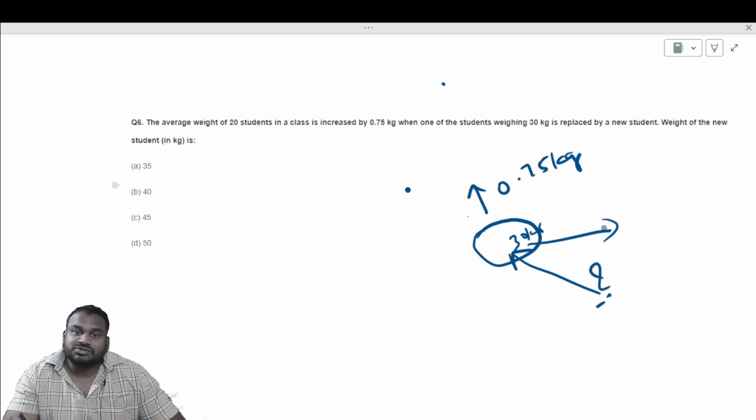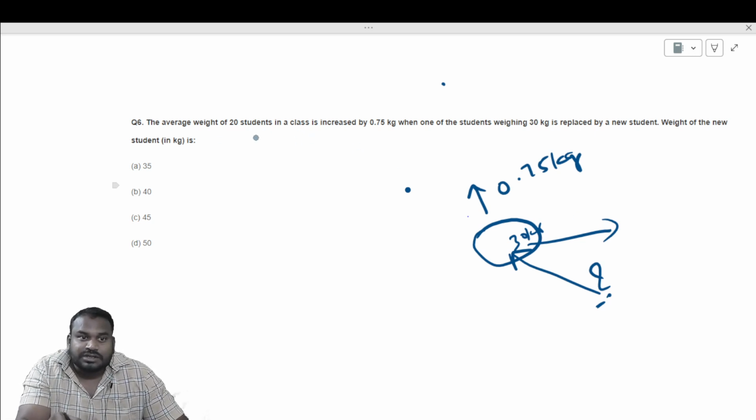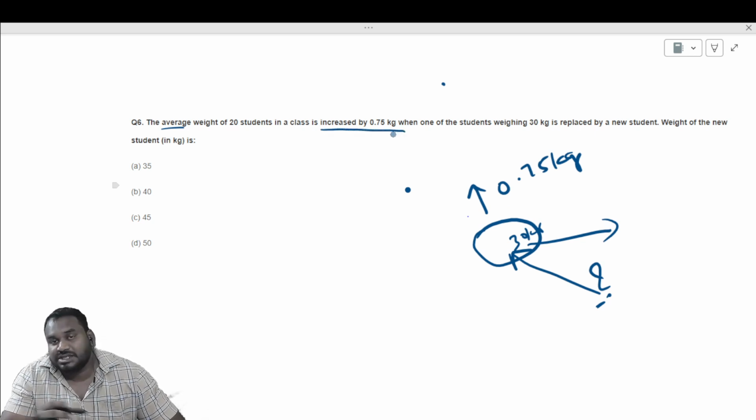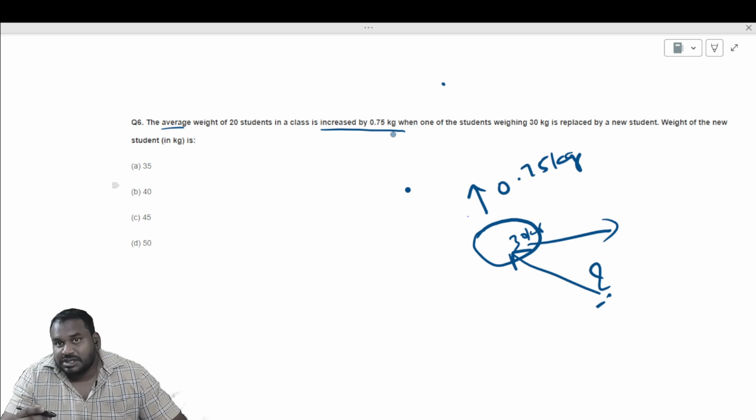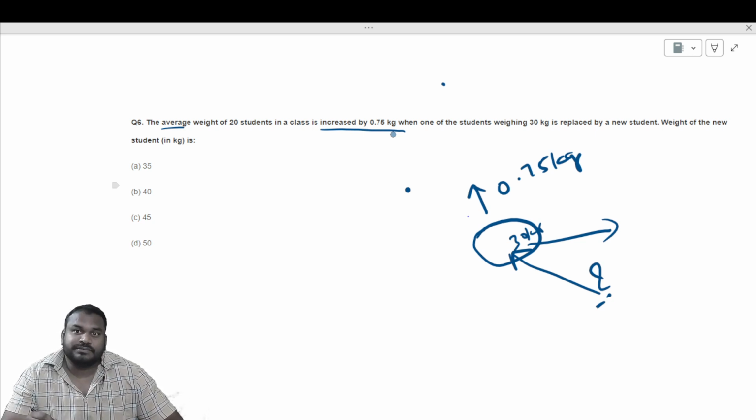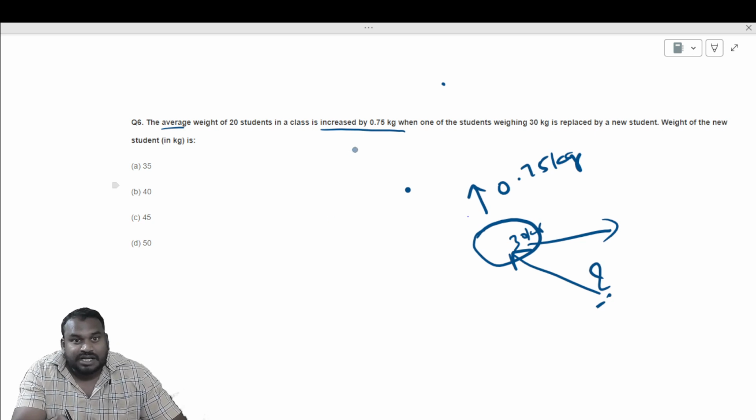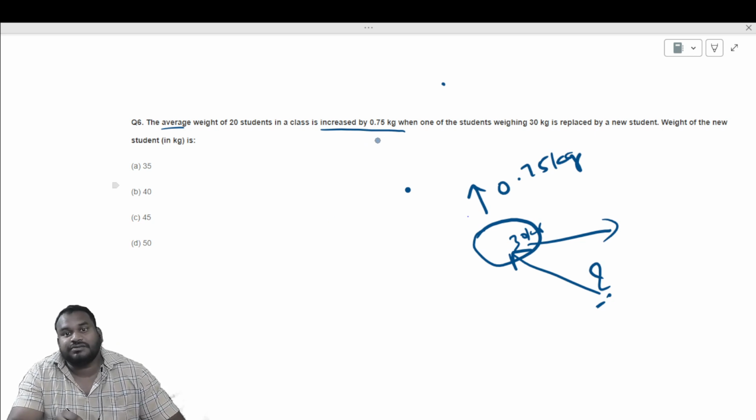So when the 30 kg student went out, what happened? The average is increased by 0.75. When the average increases, it means an extra amount is added. Extra amount is added means what? The coming person has more than 30 kg. We don't know how much yet. But how much is the average increased? 0.75.